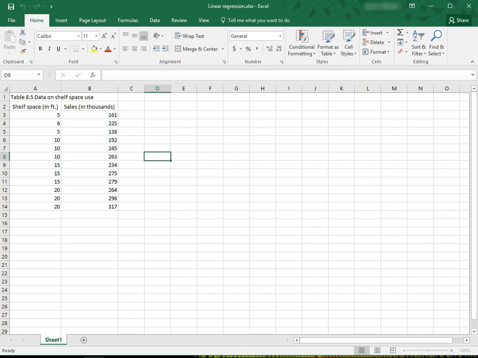Data collected from a random sample of 12 equal-sized stores are presented in Table 8.5. And you have been asked to use these data to answer the following questions. We must produce a line-fit plot to demonstrate the trend in shelf space and sales along with the predicted path. We must decide whether there is a strong relationship between shelf space and sales.